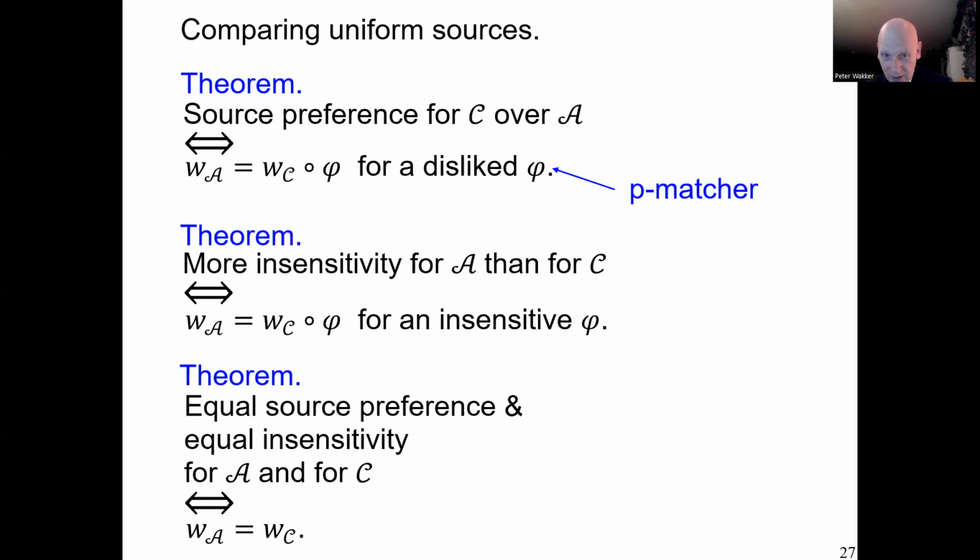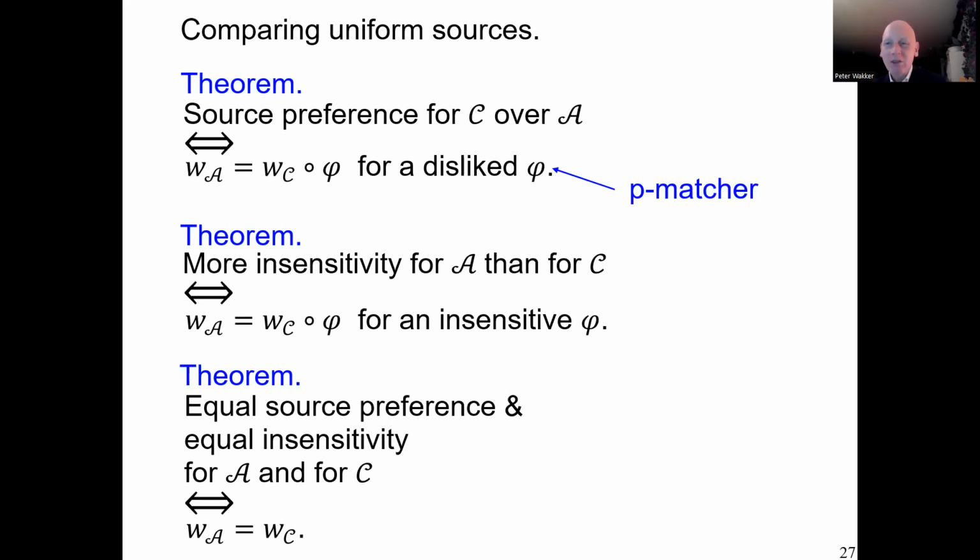Here, these axiomatizations show you that the p-matcher is the thing you should try to measure empirically if you want to compare two different sources. Find the gambling equivalent probabilities of one source, and how they are related to gambling equivalent probabilities of the other source. Then you know the difference in attitude. And for ambiguity, then you know what the ambiguity attitude is. So in that sense, these theorems are nice and useful.